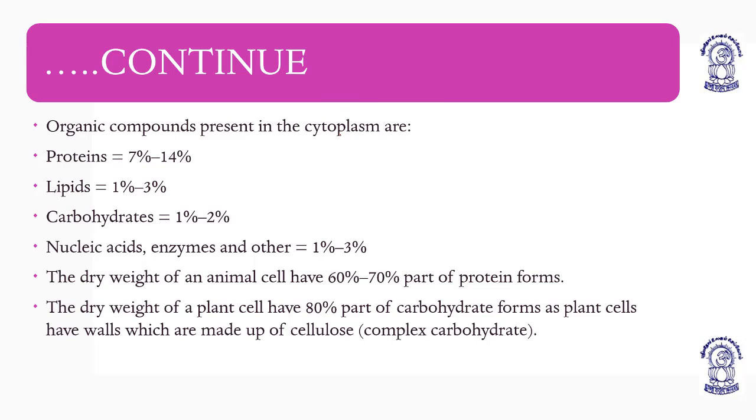Organic compounds present in the cytoplasm are proteins 7 to 14%, lipids 1 to 3%, carbohydrates 1 to 2%, nucleic acids, enzymes, and others 1 to 3%.